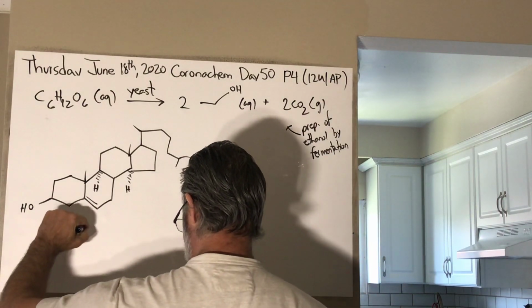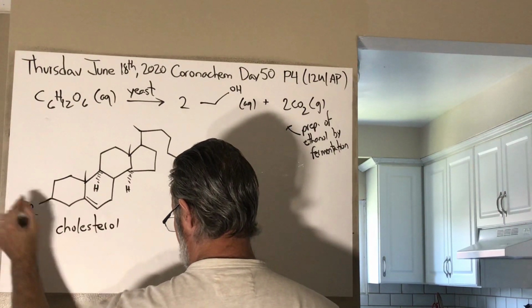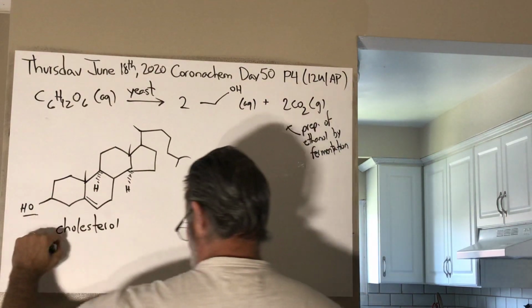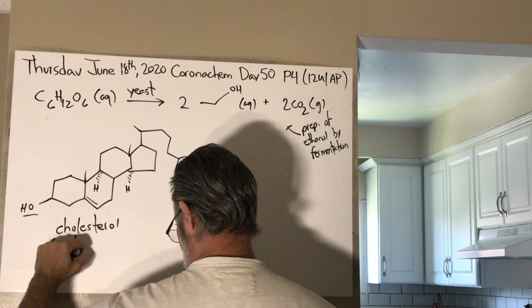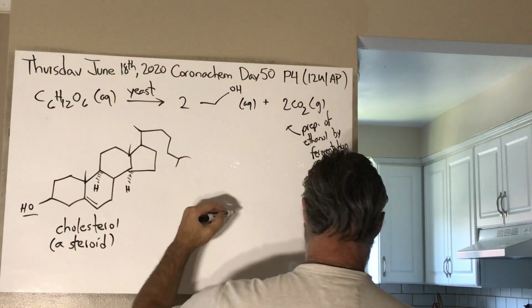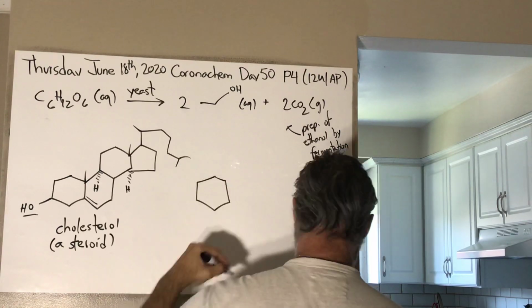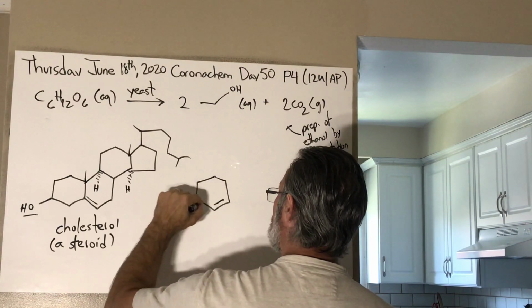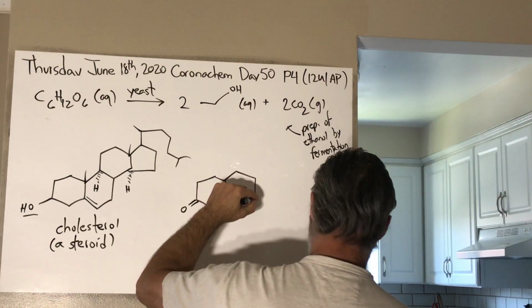Here's cholesterol then. There's the OH group that makes it into an alcohol, but it's also a steroid. And to be a steroid, you have to have these 4 rings locked together like that. And here's another steroid for your entertainment pleasure. You see, it looks very similar to cholesterol.